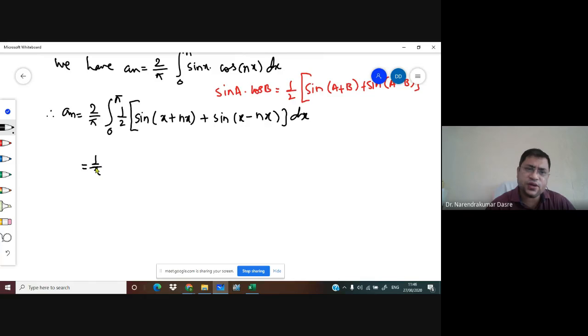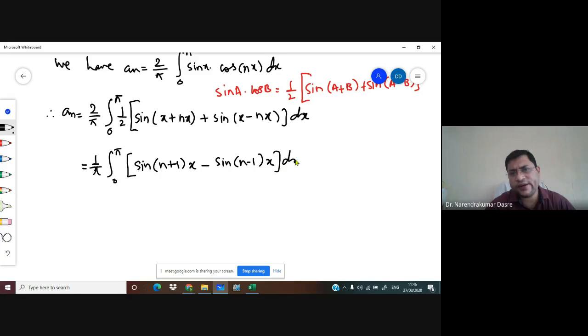and we have 1 upon pi integral 0 to pi. So we have sin of, we can write this as, n plus 1 x minus sin of n minus 1 x, and dx. What I did here, I have taken this minus sign out, so we got minus sin of n minus 1.